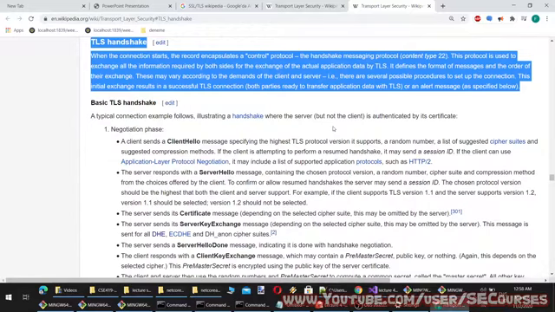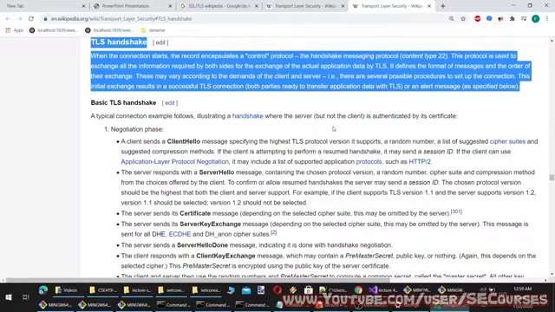TLS handshake. When the connection starts, the record encapsulates a control protocol, the handshake messaging protocol, content type 22. This protocol is used to exchange all the information required by both sides for the exchange of the actual application data by TLS. It defines the format of messages and the order of their exchange. These may vary according to the demands of the client and server, i.e., there are several possible procedures to set up the connection.